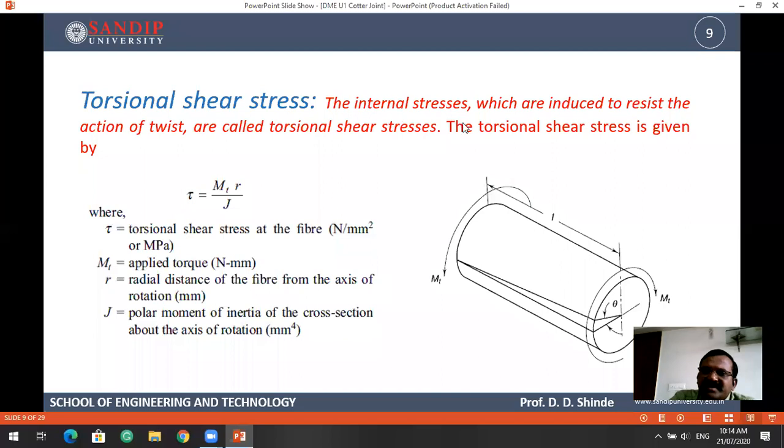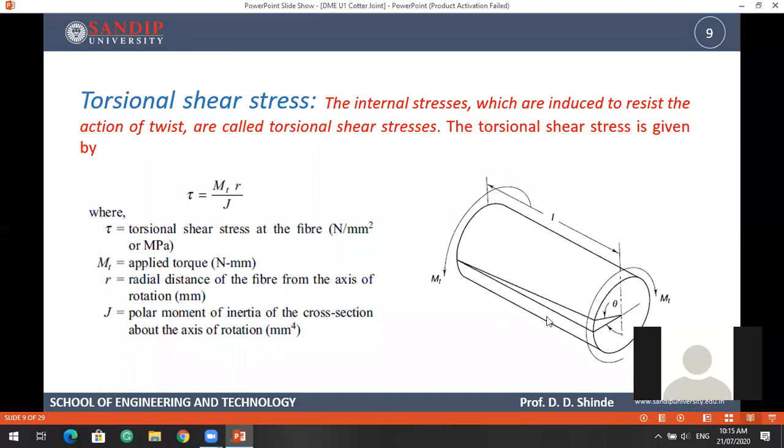It is the internal stress which is induced to resist the action of twist. Assume that you are taking a pen and you are rotating it in the opposite direction at the two ends. When you rotate it in the opposite direction, a twist will be created. A moment will be set up in the pen or the component. So that is called the torsional shear stress.